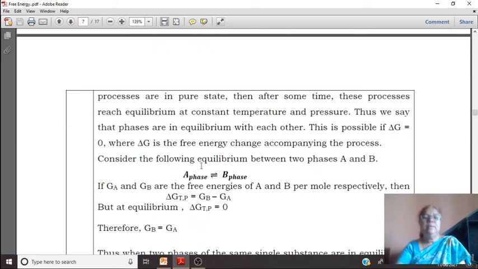Then consider the following equilibrium between two phases. Suppose phase A is a liquid phase and phase B is a vapor phase. That means when we heat phase A, the liquid, it will get converted into its vapor, phase B. This is the vaporization process.